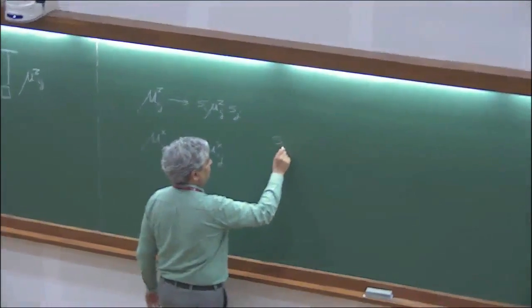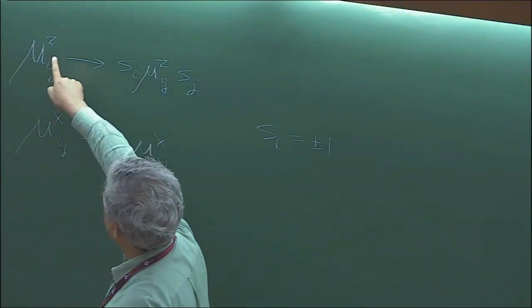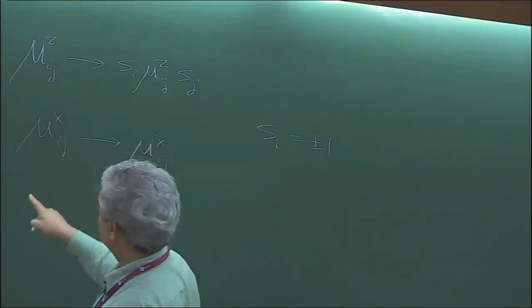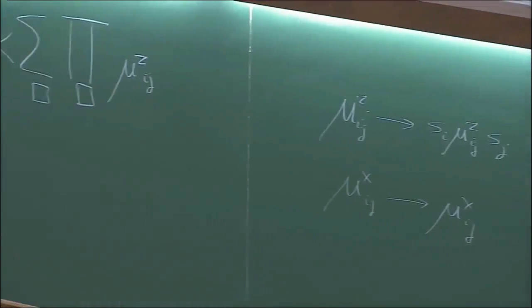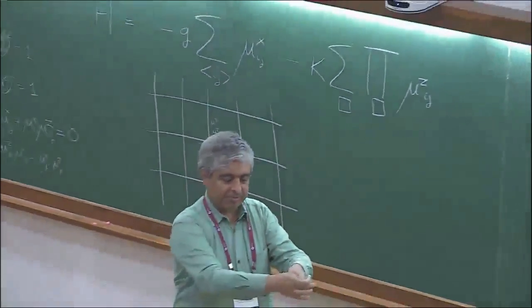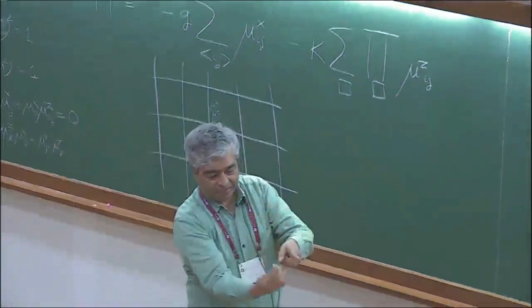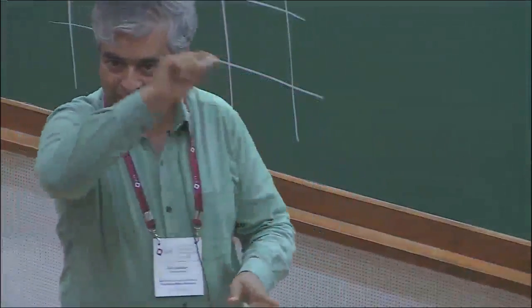So under this transformation, Si and Sj are plus or minus 1. This is just a change from mu z to minus mu z while you retain the x field. If you think in terms of spins, that means you just rotate by 180 degrees about the x-axis. If you rotate a spin about the x-axis, z goes to minus z, x remains itself. So that's just a 180-degree rotation.